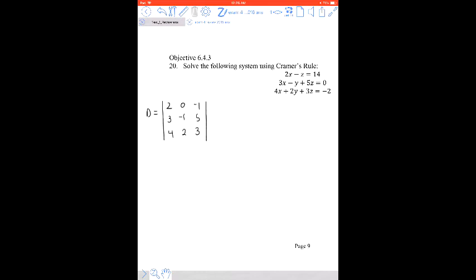I'm going to expand across that row because I've got a 0 in the middle. So remember, you take the number, like this 2 right there, and then if you cross out the row and the column containing that 2, you'd be left with -1, 5, 2, 3.